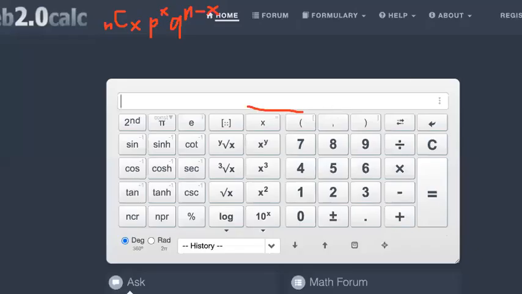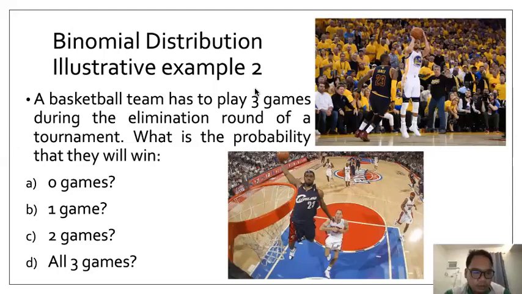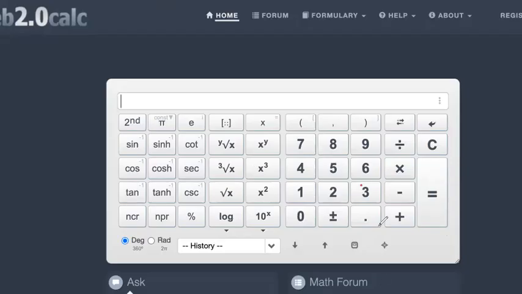So let's clear this up. Recall that we have 3 games, so we're going to input here 3 nCr.